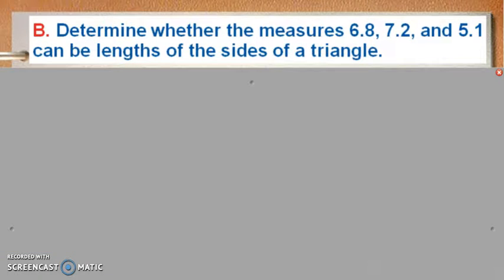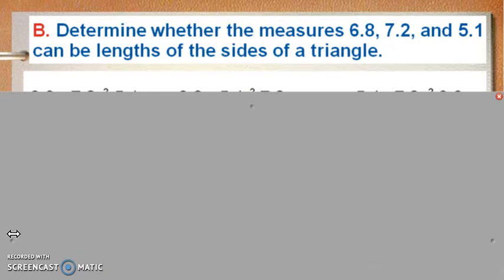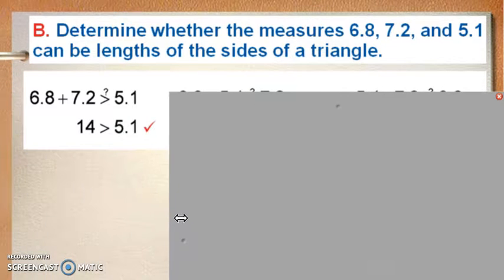Determine whether the measures 6.8, 7.2, and 5.1 can be lengths of the sides of a triangle. Very similar to our last example, we need to test all three sets. If I take 6.8 plus 7.2, I get 14, and that is greater than 5.1.